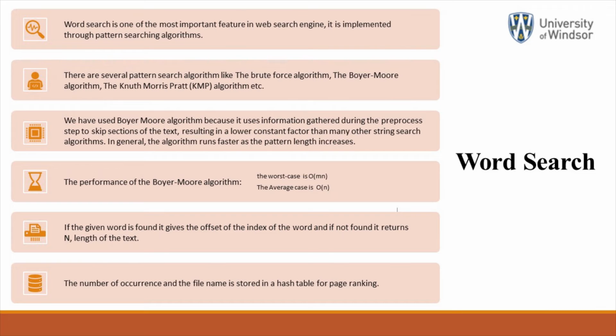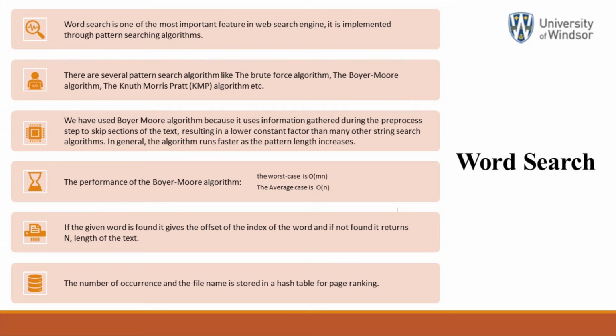For a worst case scenario, the Boyer-Moore algorithm runs in big O of m times n time, where m is the length of the substring and n is the length of the string. The Boyer-Moore algorithm returns the offset of the index of the word, and if the word is not found, then it returns the length of the text.